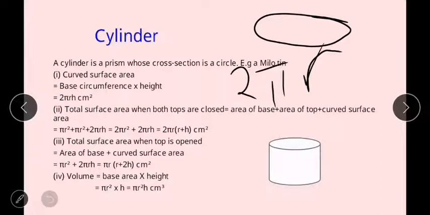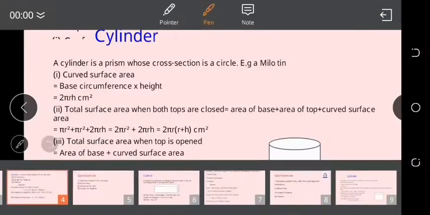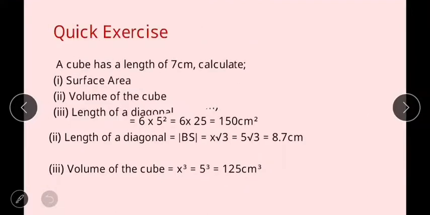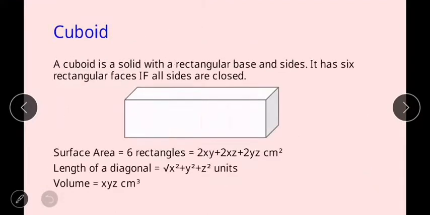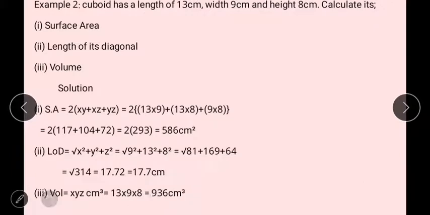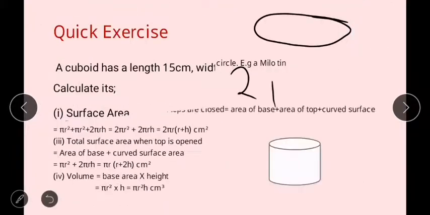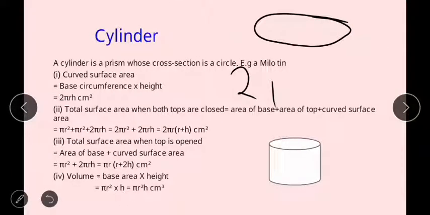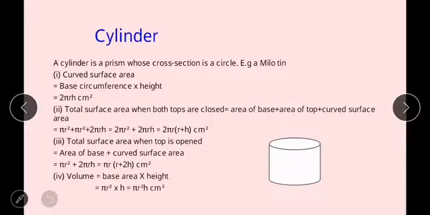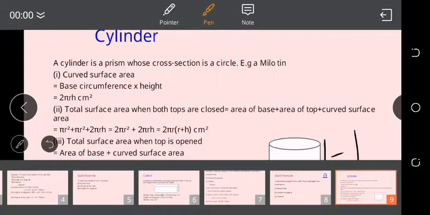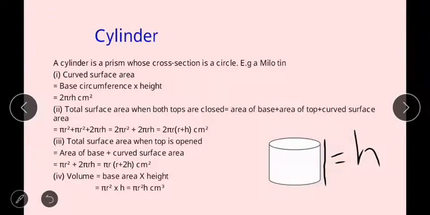So the curved surface area of a cylinder is given as its base circumference multiplied by the height. Okay? The height of a cylinder runs from the top to the bottom of the cylinder. This is the height of the cylinder.